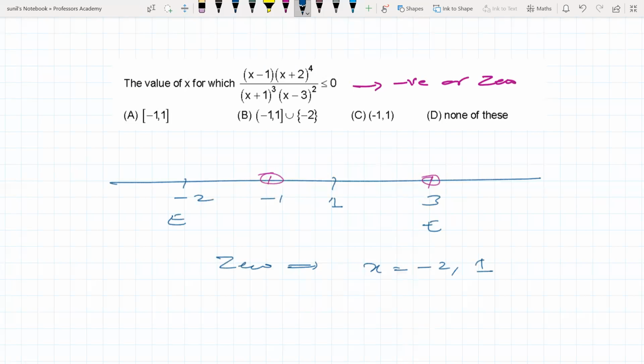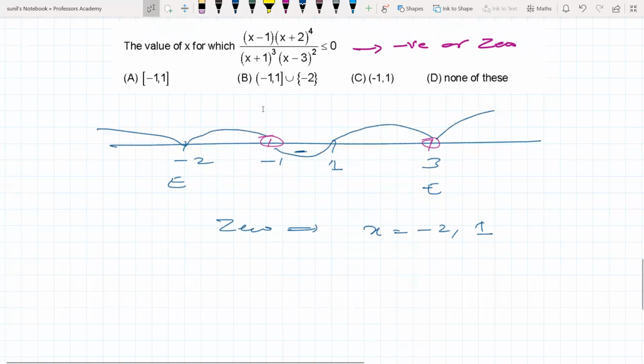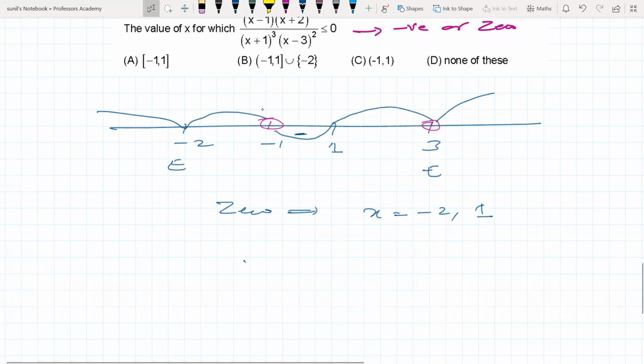Now the negative region. The graph at x equal to 3 is reflected back, because of the even power. So the graph is something like this. They are asking for the negative region. So the negative region is here. This is the only region we will get. So the negative region is x from minus 1 to plus 1.